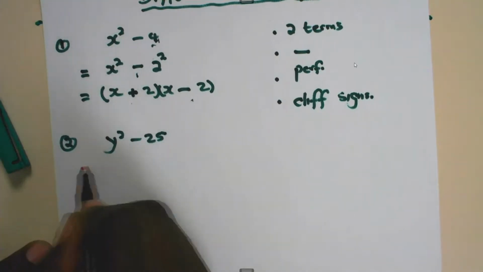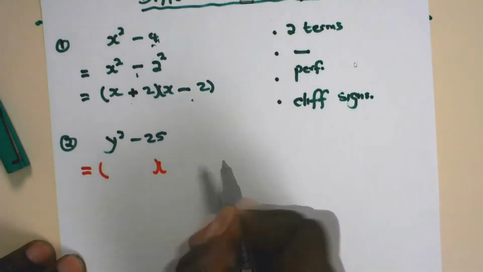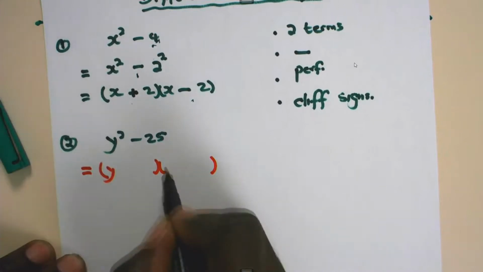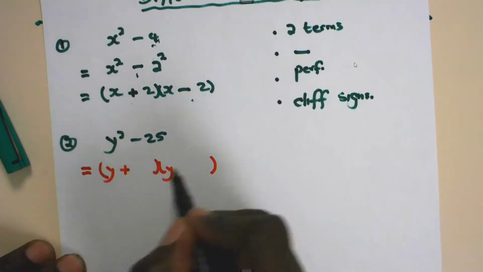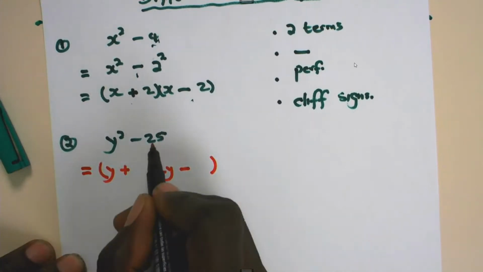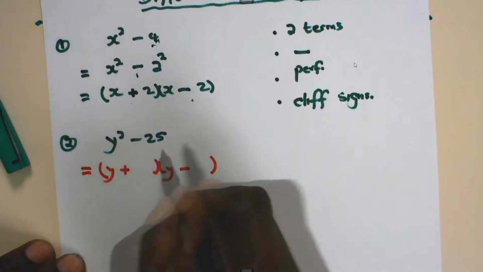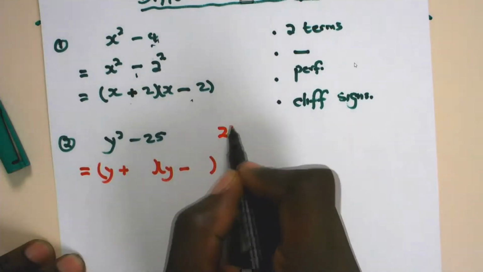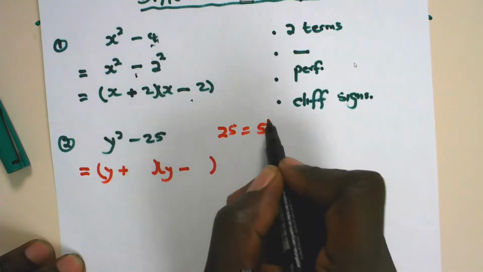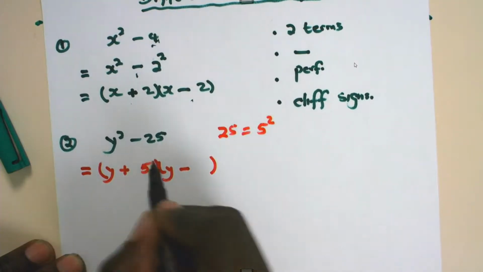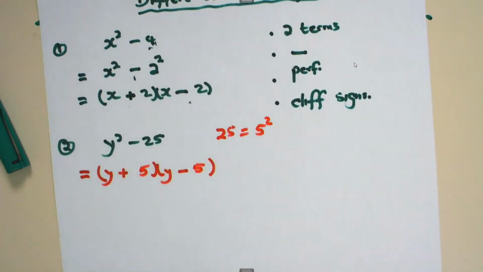So what could be the factors? It will be y, always start positive and negative. 25 is the same as 5 to the second power. It will be 5 and 5.